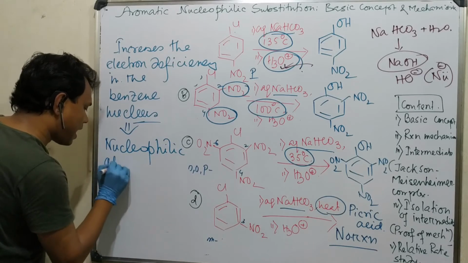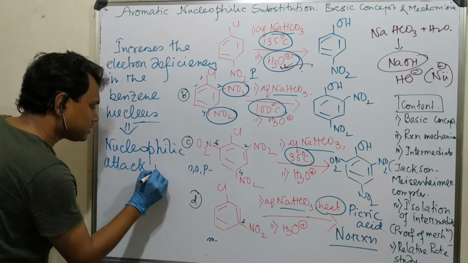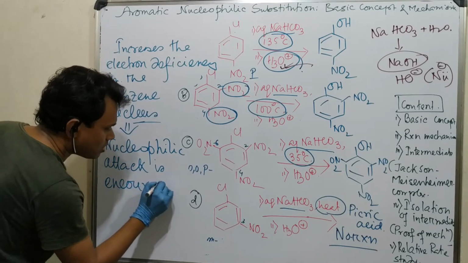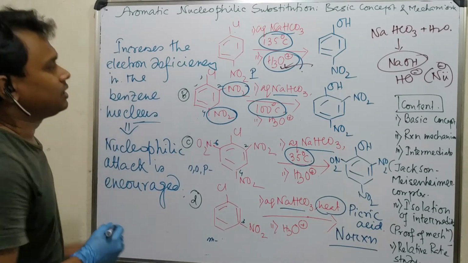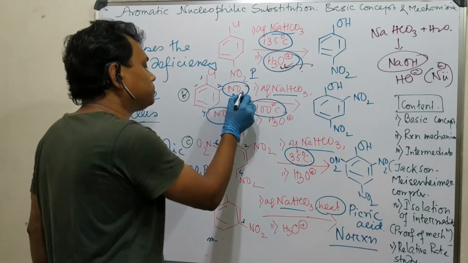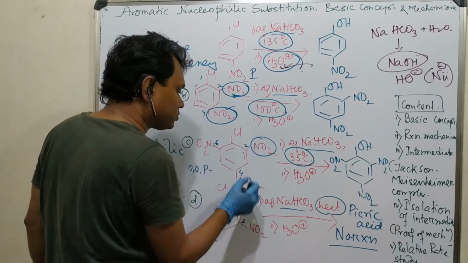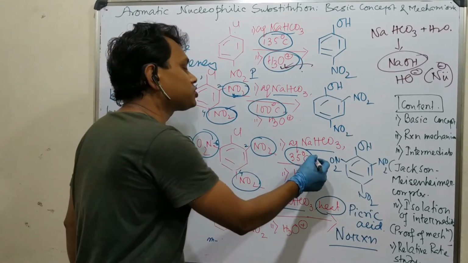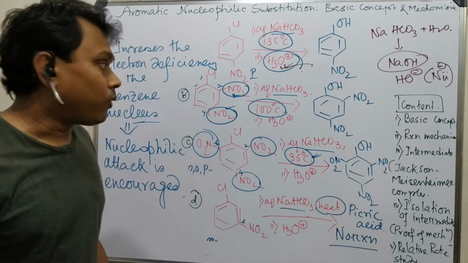Nucleophilic attack is encouraged. Okay, so this is the thing why increasing nitro groups from 2 to 3, the reaction becomes easier. Okay, so what have we learned?